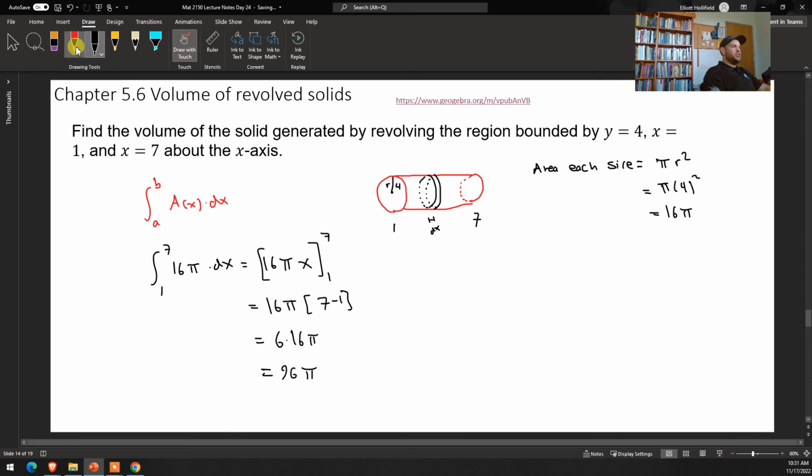Now let's try to generalize here. If we have just some function which defines our radius and we revolve this function around the x-axis, let's say this is our function here, then we'll get some revolved object.